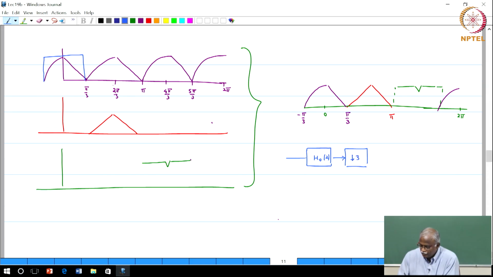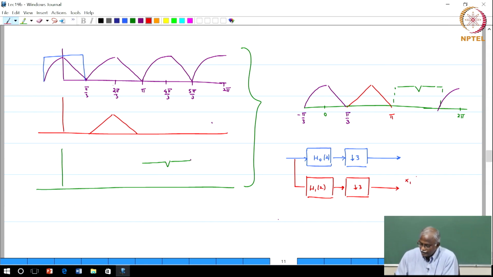Please verify that you will get back the original x naught of n, assuming the filters are perfect. The same input signal I pass through a band pass filter h1 of z. It has a total bandwidth of 2 pi by 3, so I can downsample by a factor of 3 without aliasing and get back the original signal.